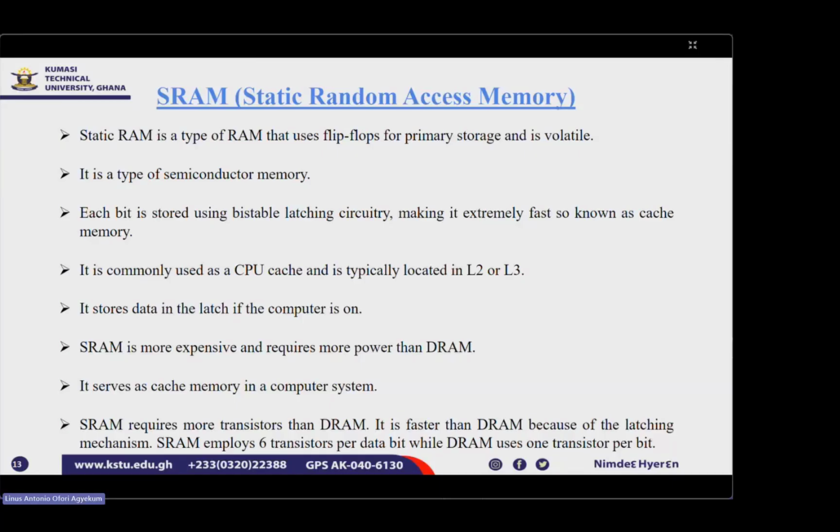Now, the SRAM is commonly used as the central processing unit's cache, and it is normally located in level 2 or level 3. When we get to cache memory, you would see that it has several levels, and these levels determine how fast they are.